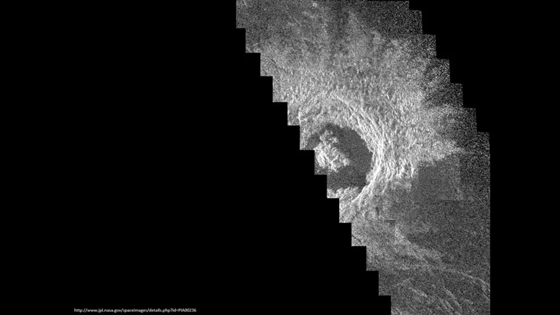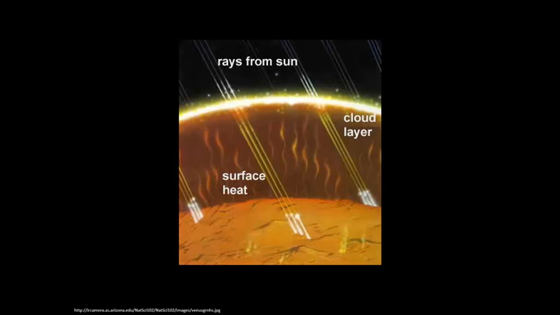The reason that Venus has such a thick, or dense, atmosphere is a direct result of the greenhouse effect. So the greenhouse effect is when we have sunlight that filters down through the clouds and warms the surface. So we've got this radiation coming in from the sun, but when it reflects off of the surface of Venus and tries to escape out of the atmosphere, it cannot.